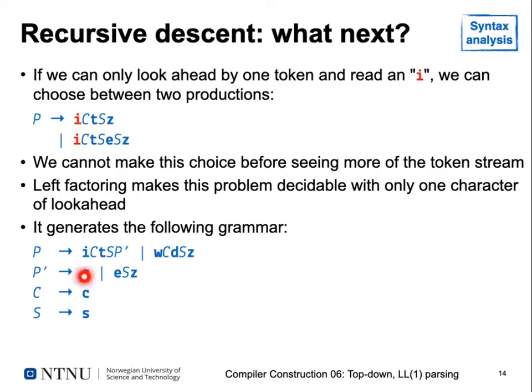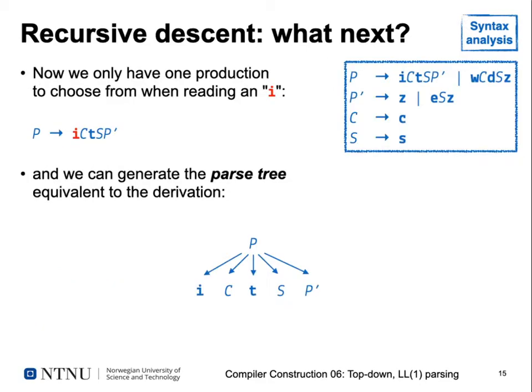And P prime can now simply be our end, or it can include else and then a statement and then the end, and C and S are unchanged, like before. So this resolves our problem of having some decision to take without having a long lookahead.